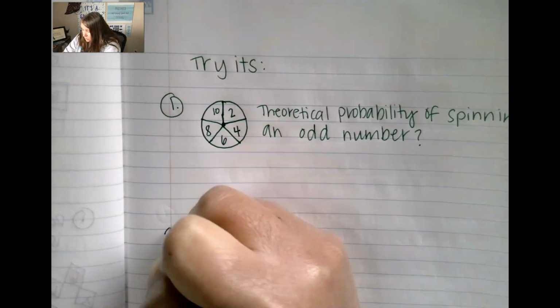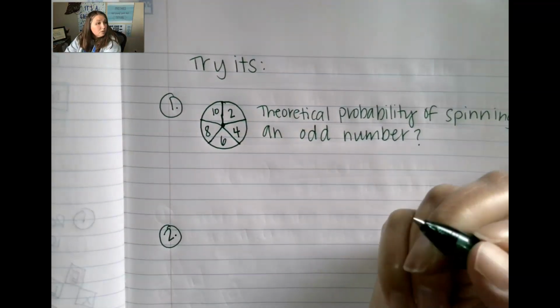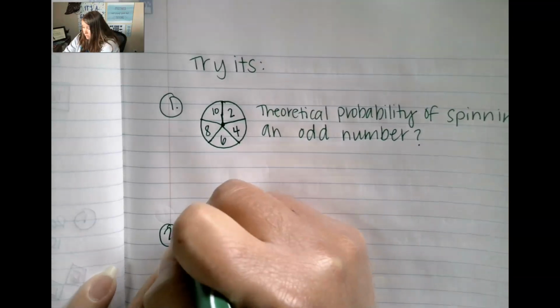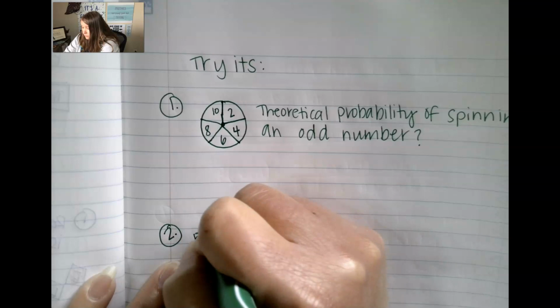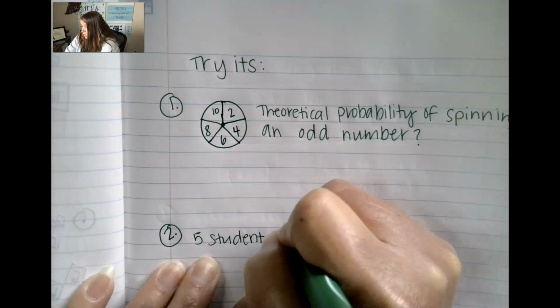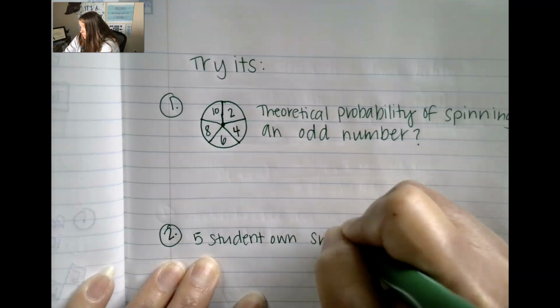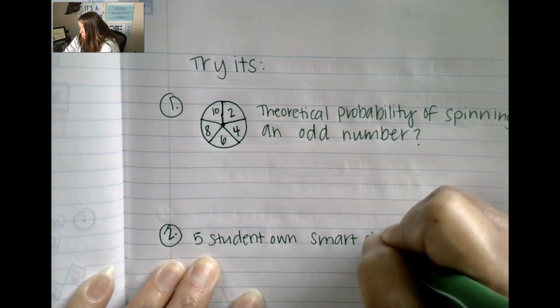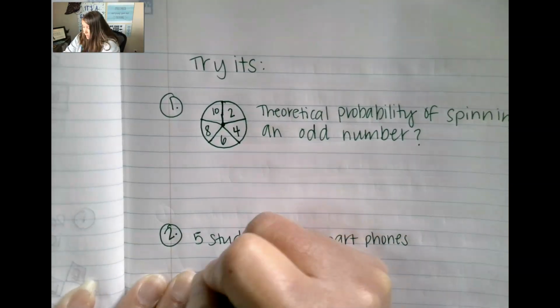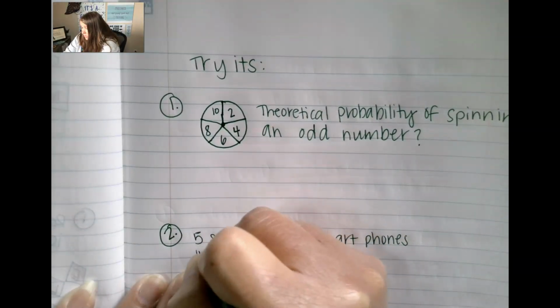And then number 2, it says that 5 students own smartphones. 11 students do not.